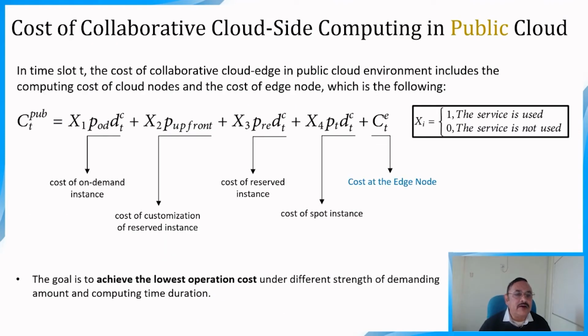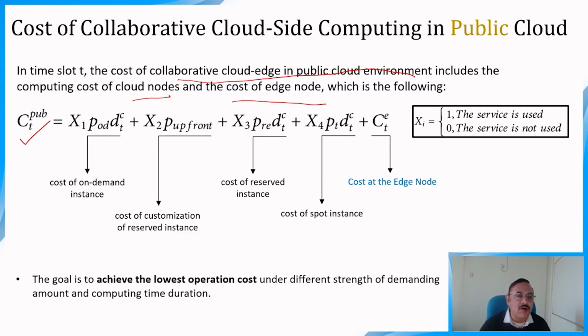Now, in time slot t, the cost of the collaborative edge cloud in the public cloud environment includes the computing cost of the cloud nodes and the cost of the edge nodes, given by the following equation. Here, the total cost of the public cloud is given.